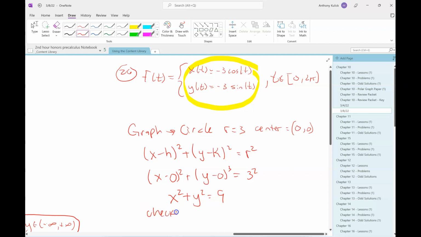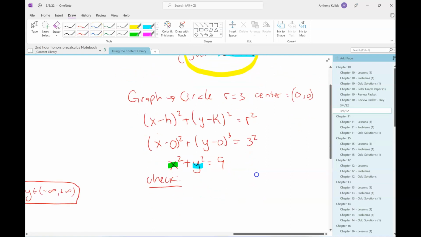What we need to do now is check that this observation is supported by our parametric equation. So I'm going to take the way that my x's are generated from the parametric equation, plug it in for x, and the way that the y's are generated, plug that in for y, and check to make sure that still gives me 9.